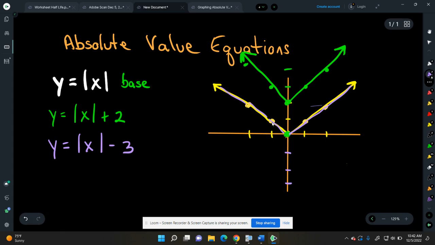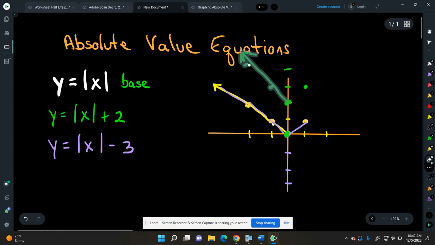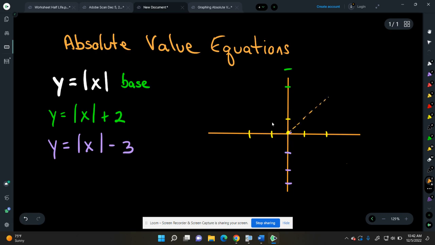Okay, so the way we're going to graph these, to start with anyway, is we're going to sketch in the base function. I'll do it in dotted lines so you know it's a sketch. There's my base function, with arrows on each end because they keep going.